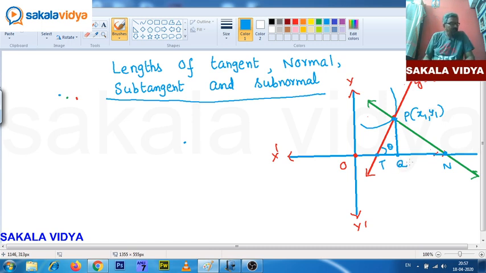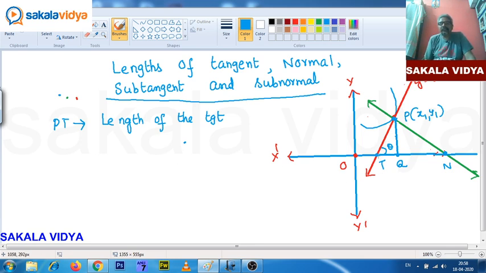Now see, the distance from the P point to this T point, PT, is called the length of the tangent, the length of the tangent to the curve y is equal to f of x at P x1 comma y1.